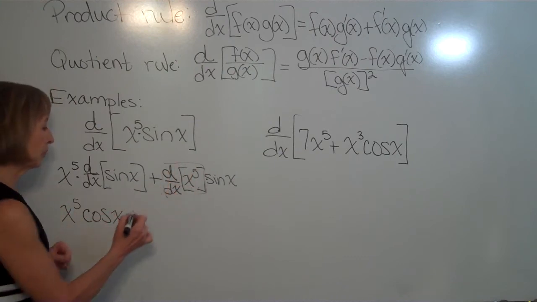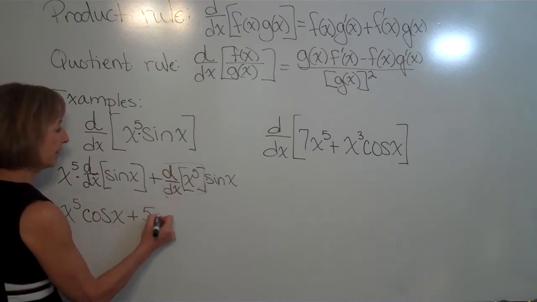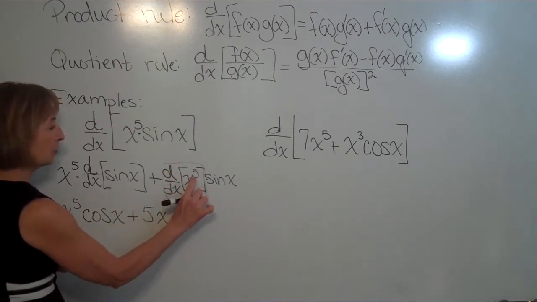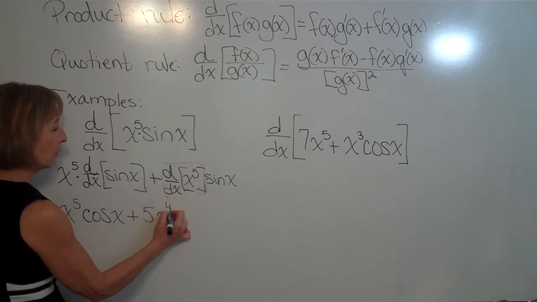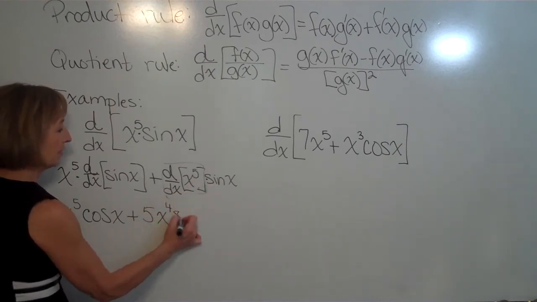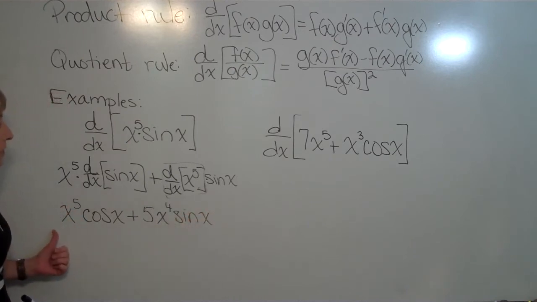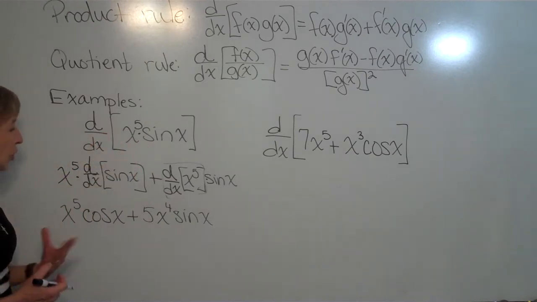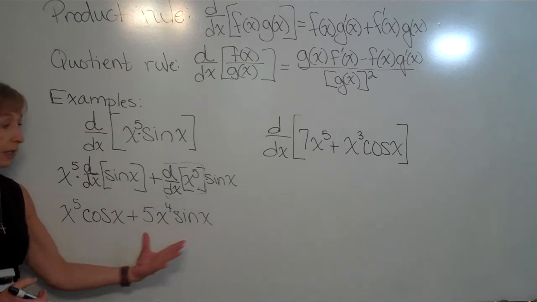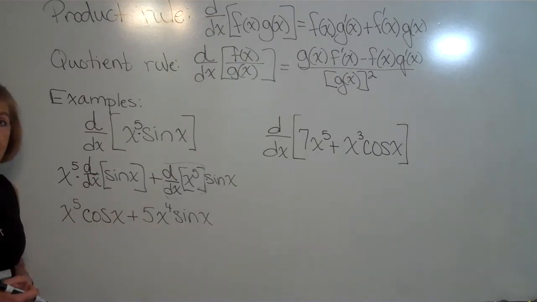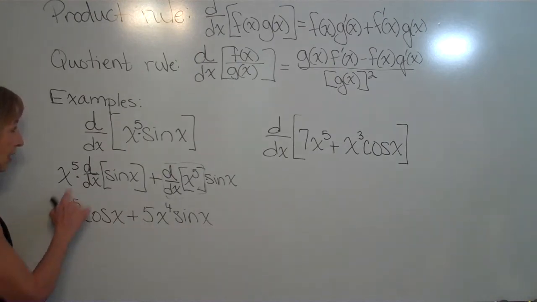So that is bring down the exponent of 5, keep the variable x, and subtract 1 from the exponent, make that a 4, and then times our sine x. So this gives me the derivative of that original function. And notice I don't have like terms here, so I can't combine them any better than having just that being our derivative.